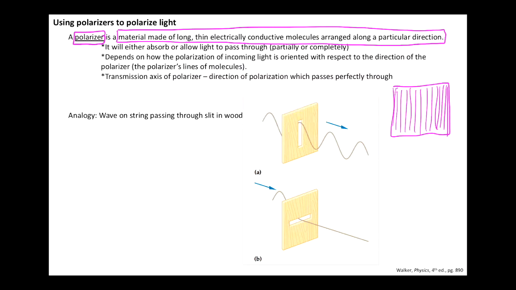So it's a very specially designed structure that's going to do something with the electric fields when they pass through. And you can imagine if I have electrons that are free to move, but they're forced to move up and down, and I send an electric field through there, it's going to interact with those electrons and something's going to happen, okay?